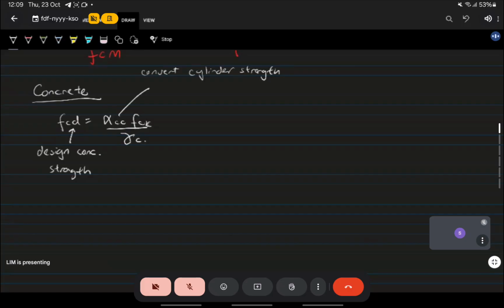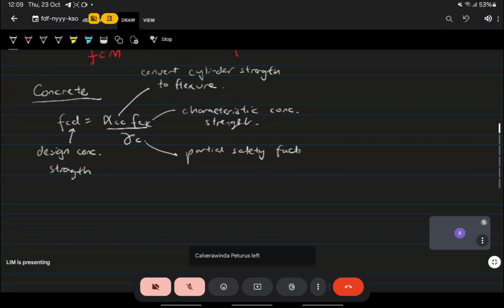So this alpha CC is to convert this cylinder strength to flexure. FCK is your characteristic concrete strength from your cylinder test. The gamma C is the partial safety factor.